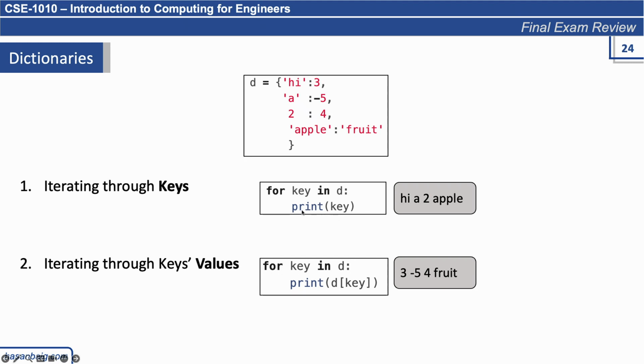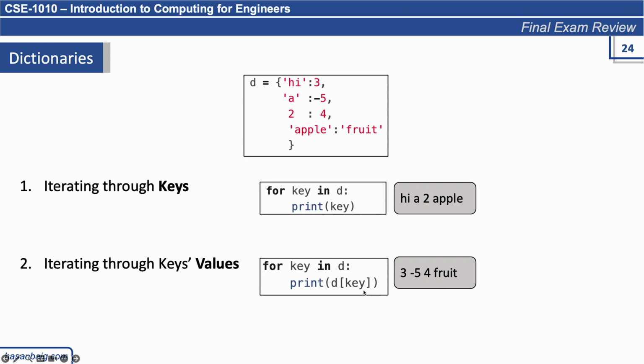So when you print this, it will only print the keys in the dictionary: hi, a, to, and apple. Similarly, we can access the values, because iterating through our dictionary will retrieve the key, and we can retrieve the value by specifying the key as an index in the dictionary. So D is the name of the dictionary.